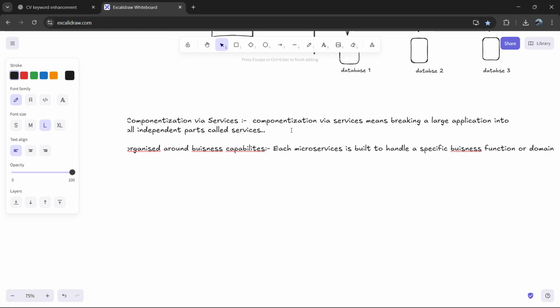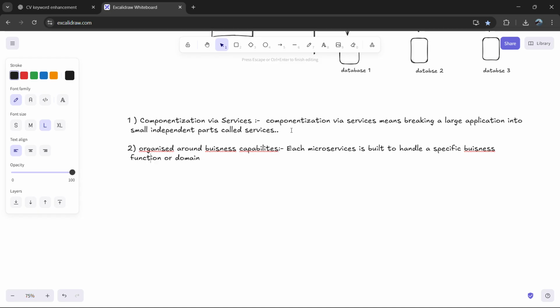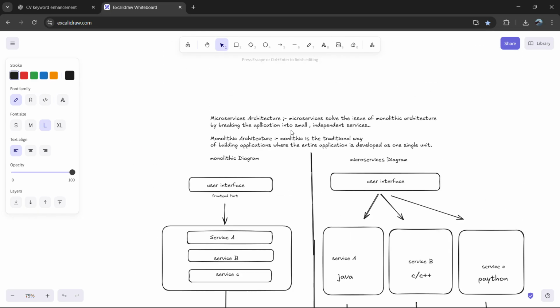Okay, so this is the definition of organized around business capability. Each microservice is built to handle a specific business function or domain.